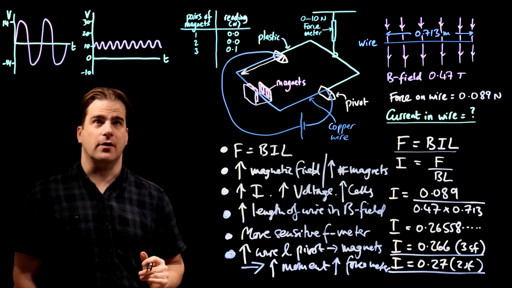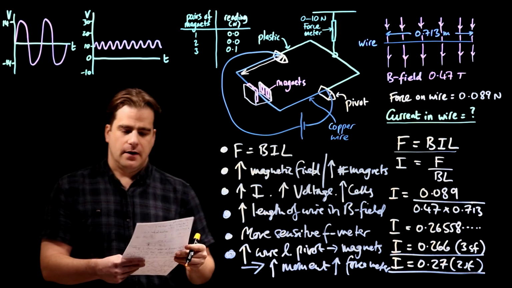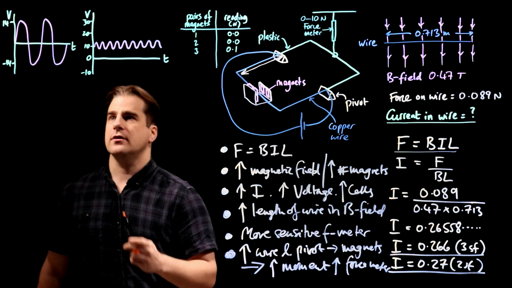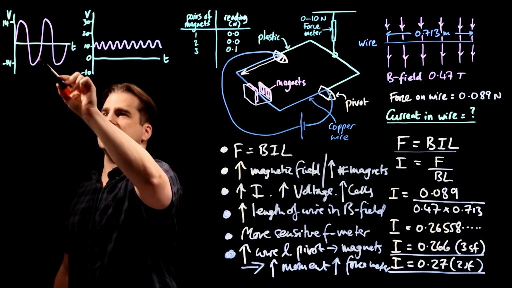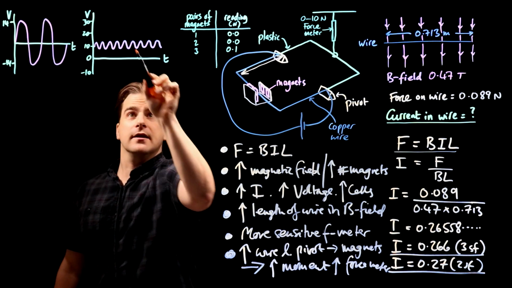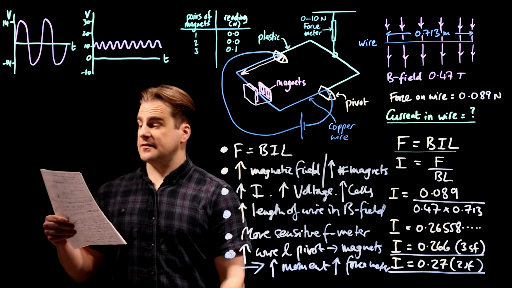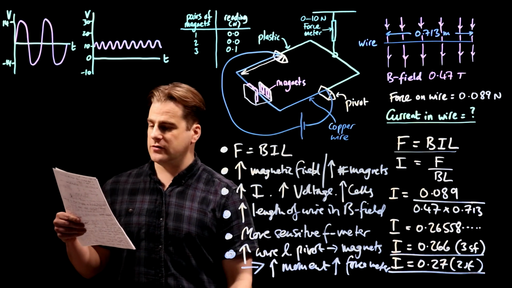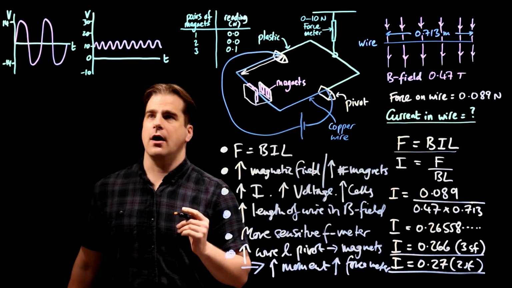Okay, let's move on. This thing next. Now, we have 2 different graphs showing how voltage changes with time. Here and here. And we have to explain which of the voltages causes an alternating current for 2 marks.